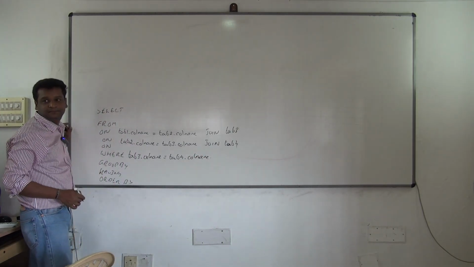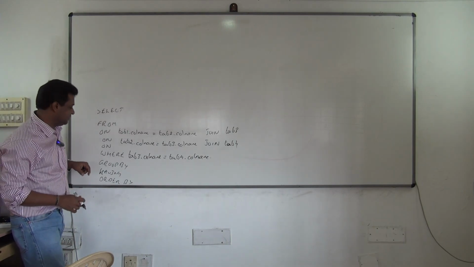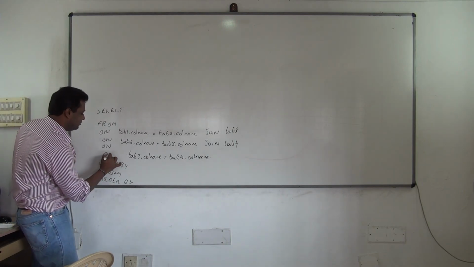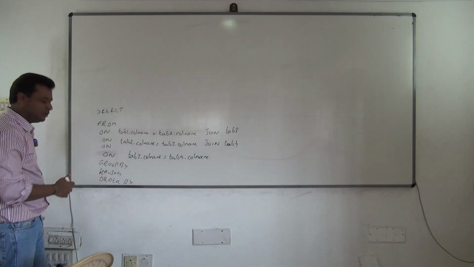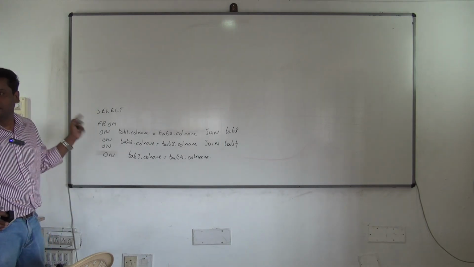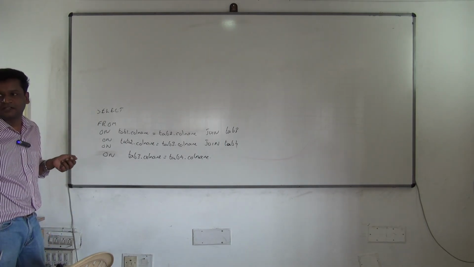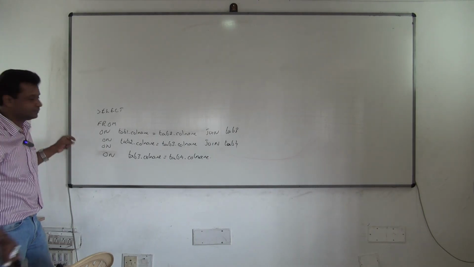Like this it goes on. This is the accurate way of writing. Very easy it will be. Sorry, this will also be one more on. Don't write here. I am just talking about how to write the on clause. So this is the syntax. Carefully start following now, you'll understand how to write all the joins. I'll give scenarios now. Clear?